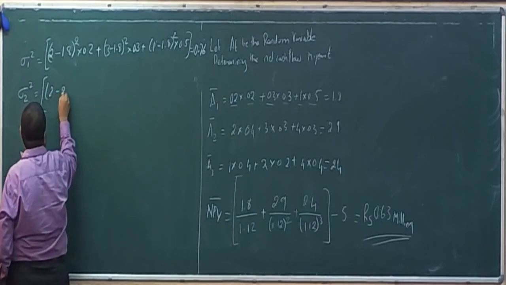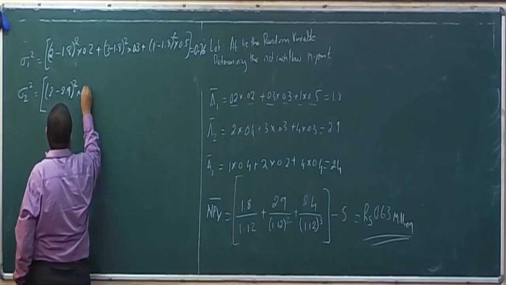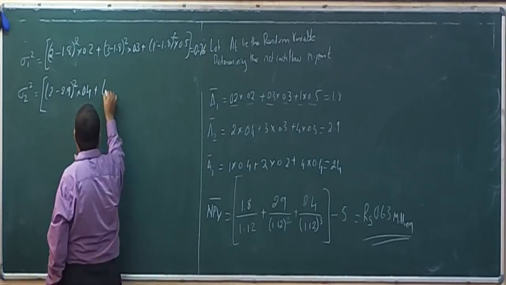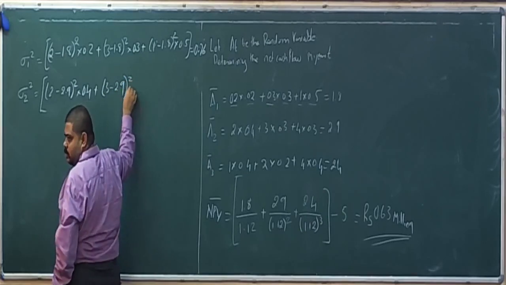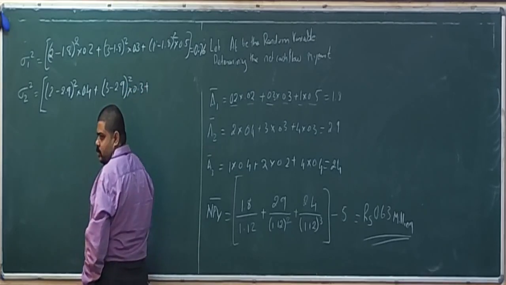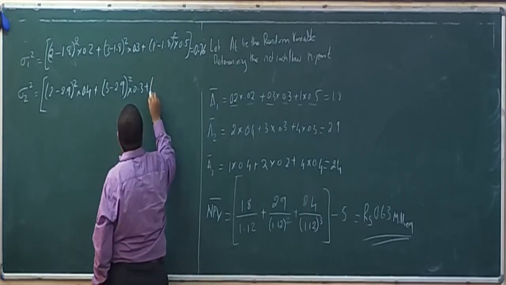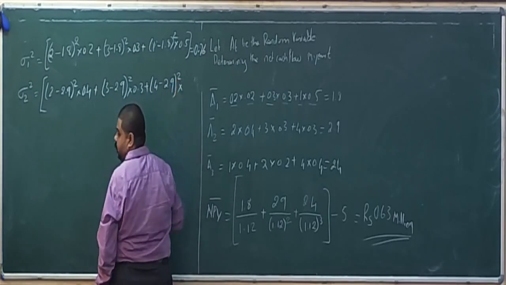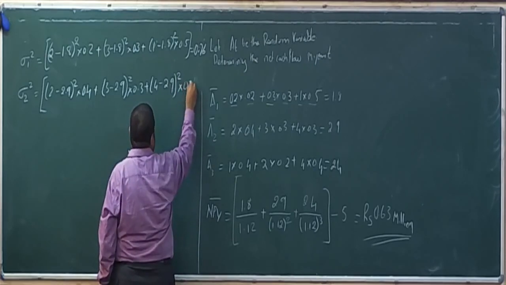For the second year, 2 minus 2.9 raised to 2 into 0.4 plus 3 minus 2.9 raised to 2 into 0.3 plus 4 minus 2.9 raised to 2 into 0.3.